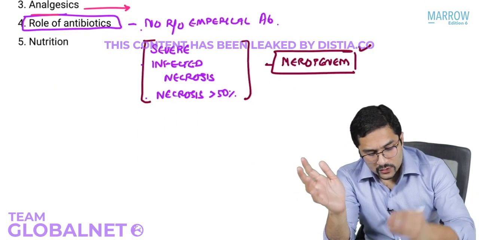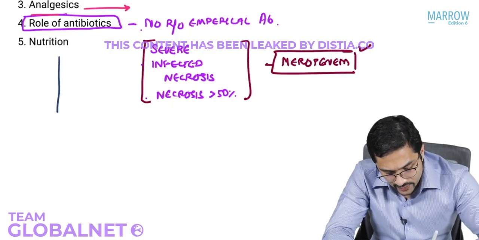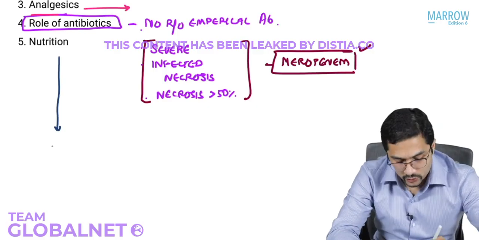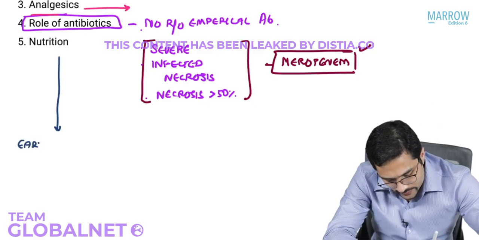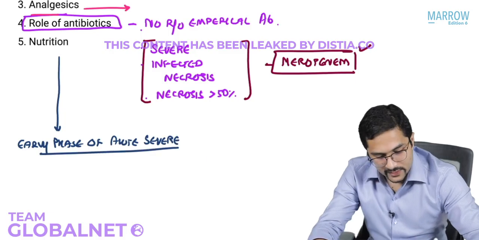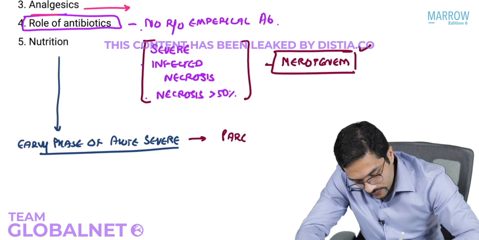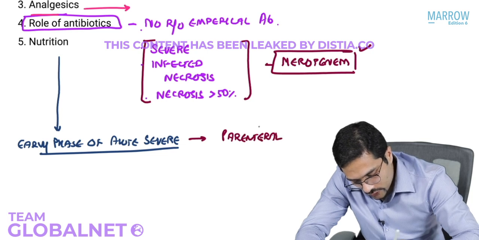Now, nutrition is also a major thing in these patients, and nutrition, if you remember the module on nutrition, I told you that in the early phase of acute severe pancreatitis, we can use parenteral nutrition.